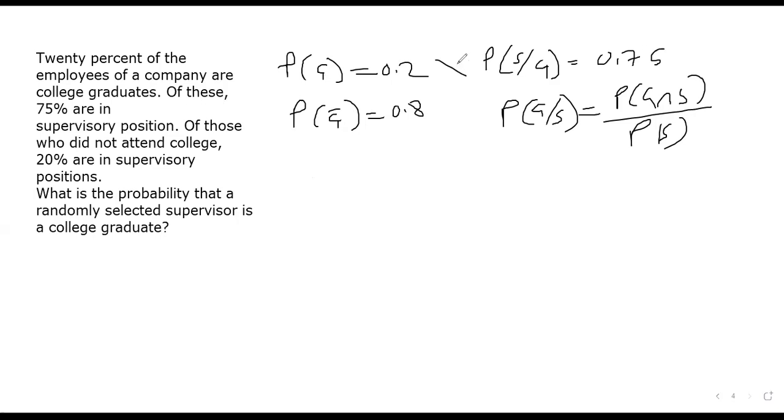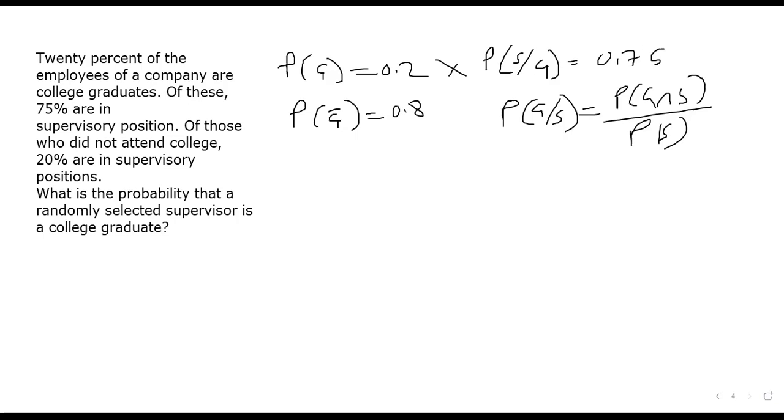Probability of a graduate times probability of supervisor given graduate. When we multiply these two, we get the probability of supervisor and college graduate.